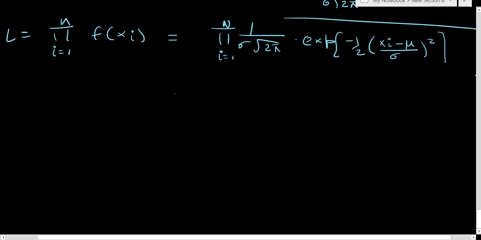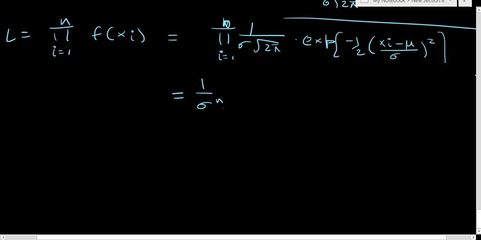Okay, now I'll simplify this further. We know that 2 pi contains neither mu nor sigma, so this is a constant term that is multiplied with these. So I'm going to send this into a constant. I have got a 1 over sigma to the power of n, because there are n of these multiplied. This is a small n, I'm sorry.